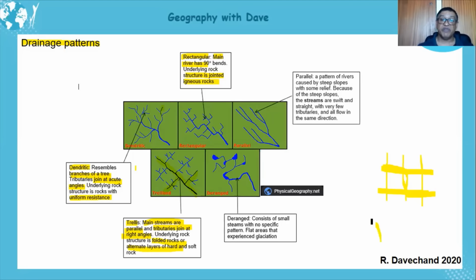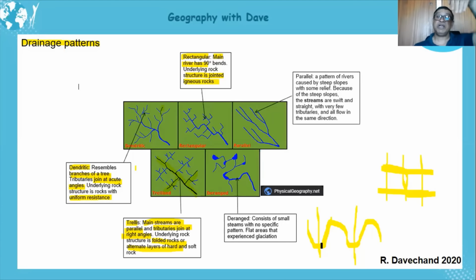So if you look at folded rocks like that, obviously your river will flow between the valleys or in the valleys between the folds. Okay, you'll have a parallel structure. Plus, because of these steep slopes, the river will flow down straight to the main river. And the straight flow creates those right angles.